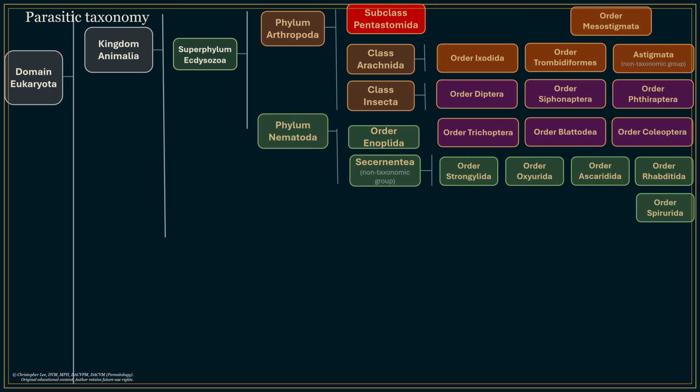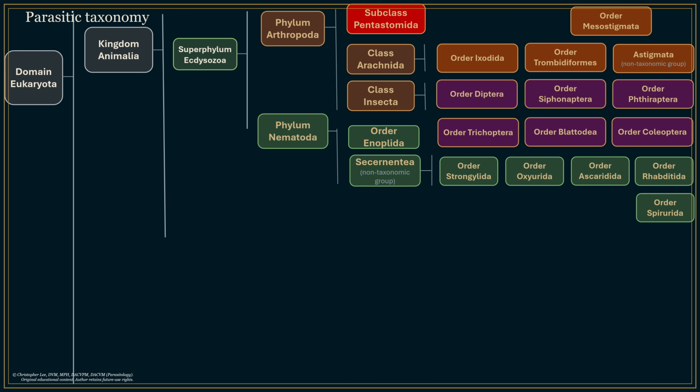Now let's add the second major ecdysozoan parasite group, Nematoda, the roundworms. Nematodes are important because they include many of the gastrointestinal, respiratory, tissue, and vector-borne worms that veterinarians encounter across species.